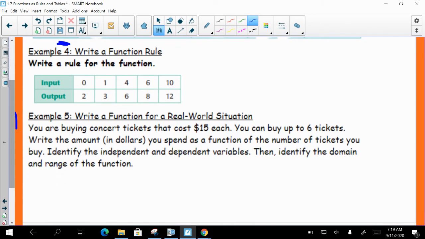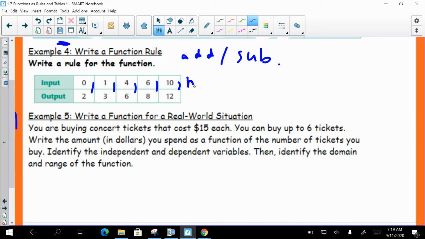Okay, write a rule for the function. Notice that the input goes 0, 1, 4, 6, and 8. The outputs are 2, 3, 6, 8, and 12. So notice what's happening between each input and output pair. The first thing is to see if you're adding or subtracting something each time.